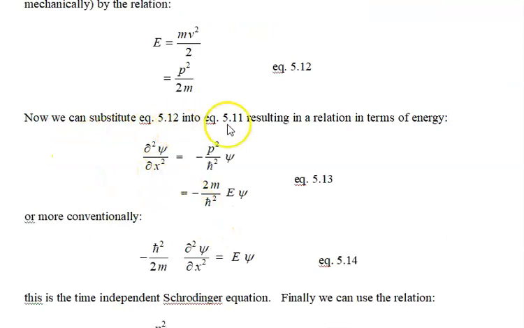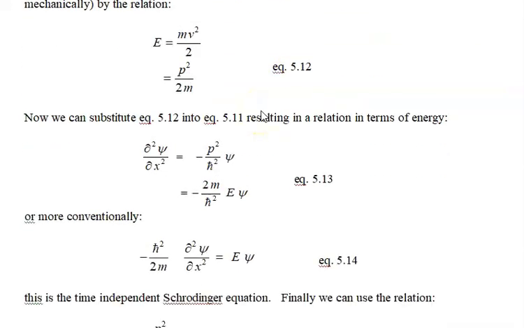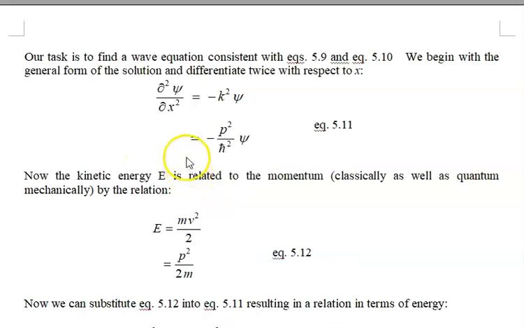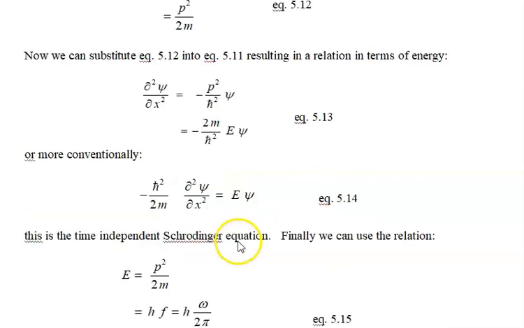And then we substitute this equation in here for p, and we get that the second derivative of the wave function with respect to x is negative 2m over h bar squared times the energy times the wave function. And this is just the time-independent Schrodinger equation.